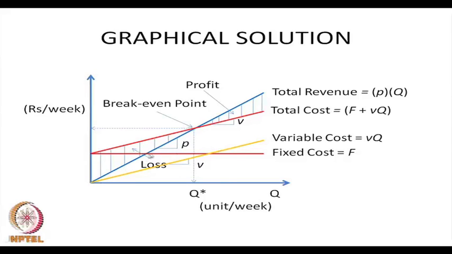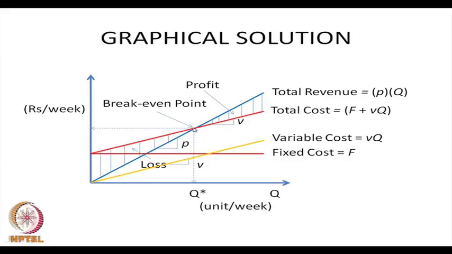Now, this is the total revenue line and this is the total cost line. This is the point of intersection, which is called the break-even point. So, this is where the total revenue breaks even with the total cost.